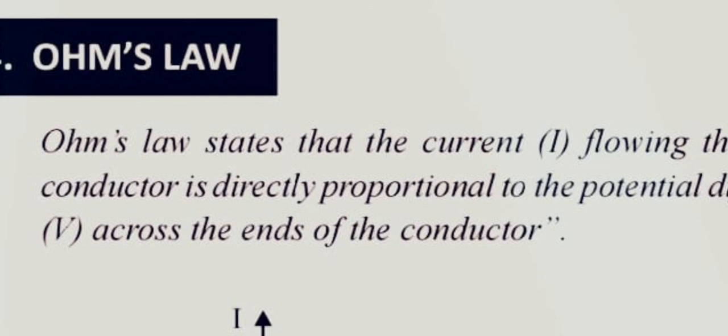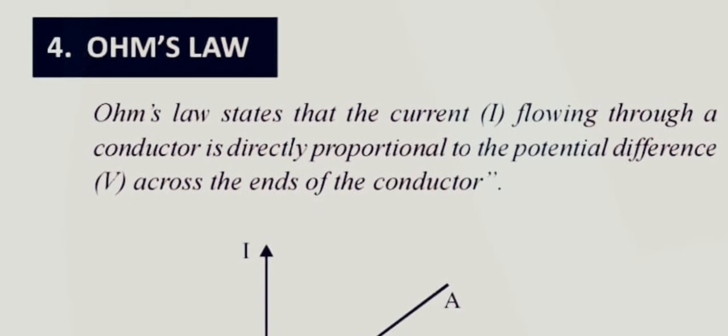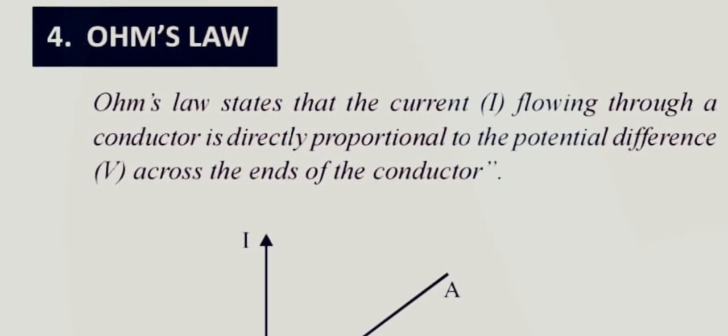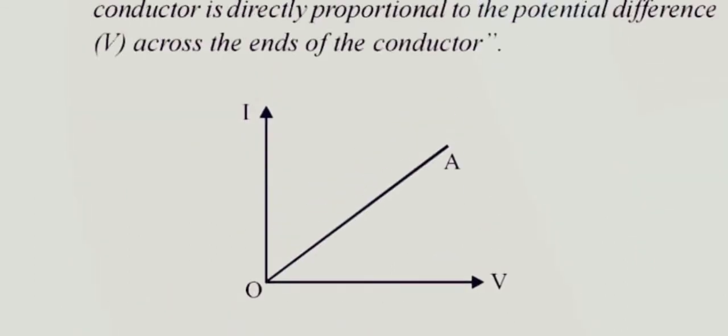First of all, Ohm's law states that the current flowing through a conductor is directly proportional to the potential difference, V, across the ends of the conductor, just like in this graph.